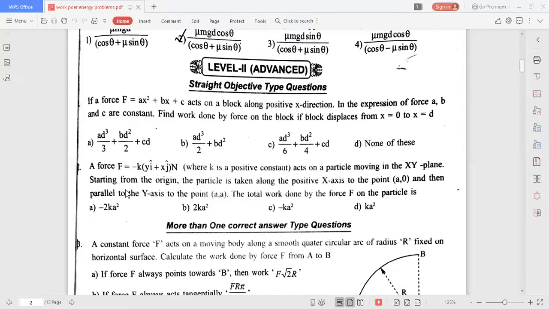Then the total work done by the force on the particle is how much? So you see the problem? Okay, I think you have seen the problem.